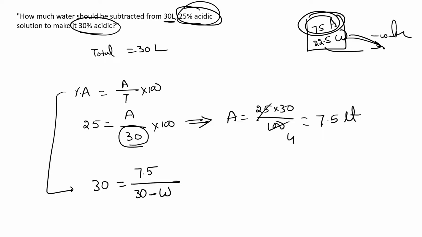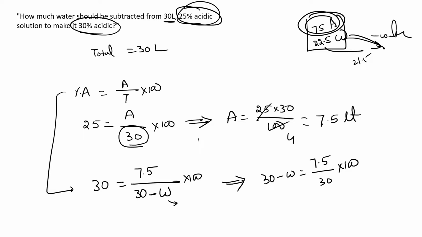If you remove 1 liter, the water will become 21.5. So whatever you remove, you subtract that value from the total solution. If we remove W liters of water, the total solution is now 30 minus W, into 100. Here you need to find the value of W, that is going to be your answer. So 30 minus W is equal to 7.5 by 30 into 100. How much are you going to get here?